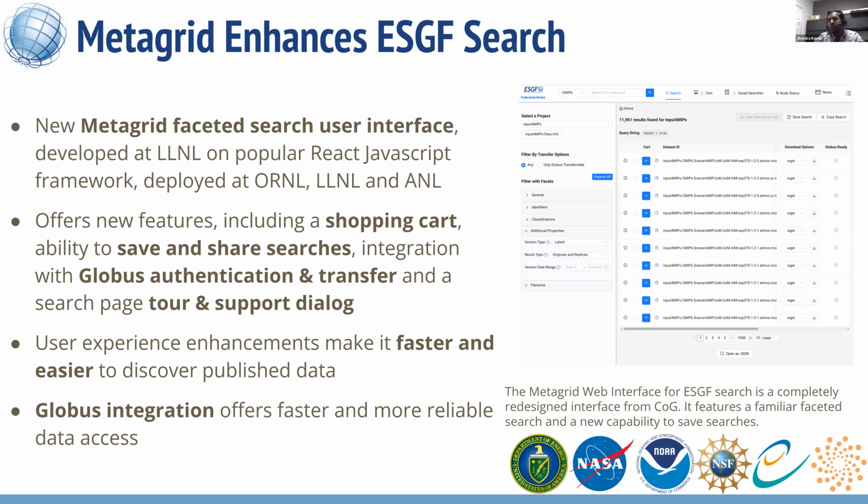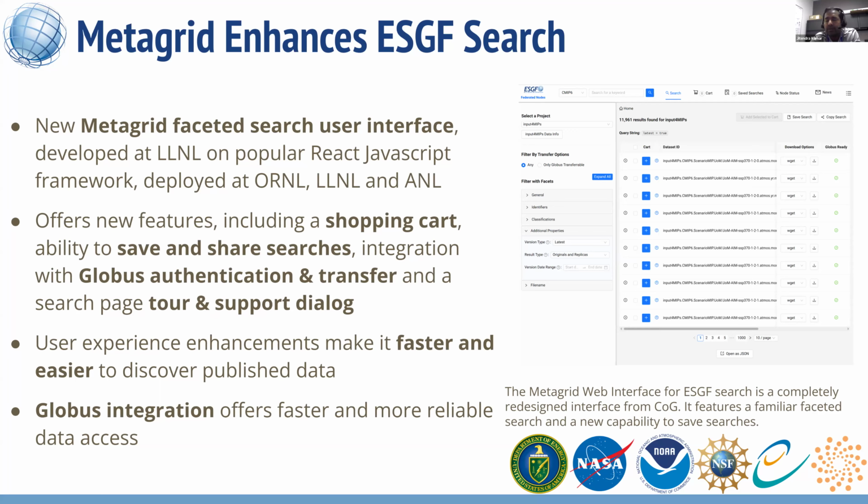Once we have a new index, in terms of the Globus index or these STAC catalogs, our primary web UI is Metagrid, which several of the nodes have deployed. It offers a faceted search interface, with faceted search based on the controlled vocabulary that is defined for all of the CMIP projects.